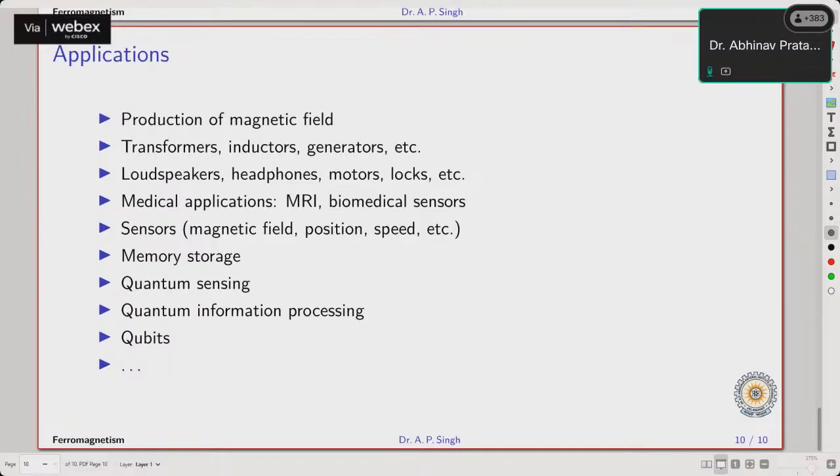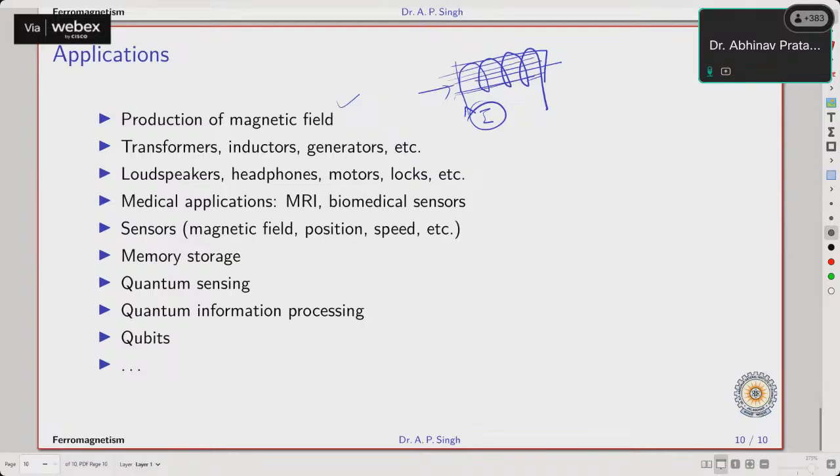So, for example, if you want to produce a magnetic field, then you use an iron core. I don't know whether you thought about this question before or not. You wind some wire on this iron core, and then you pass some current through it. Fine, the magnetic field is produced due to this current. But why was this iron core required?